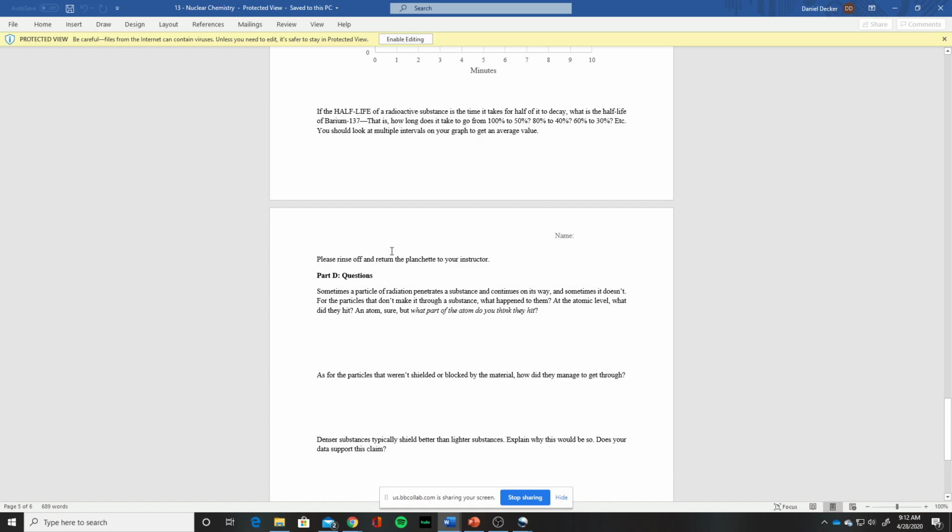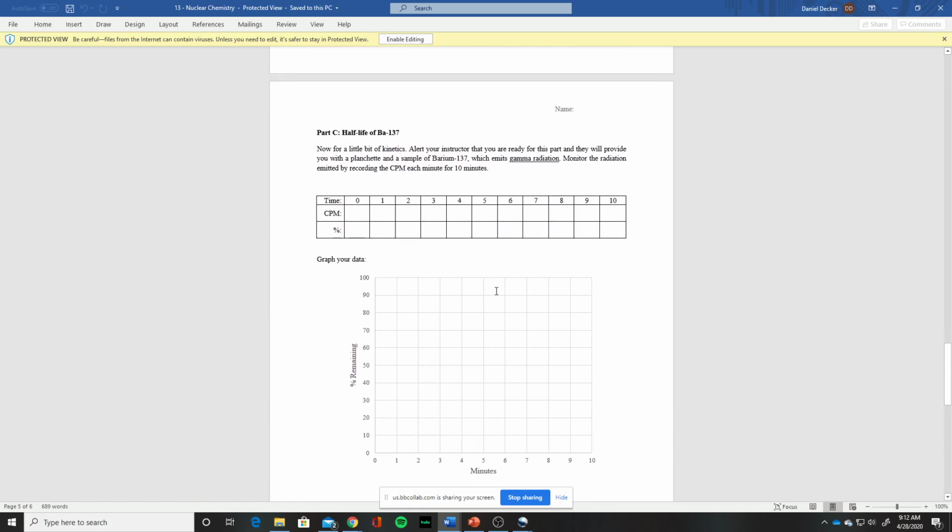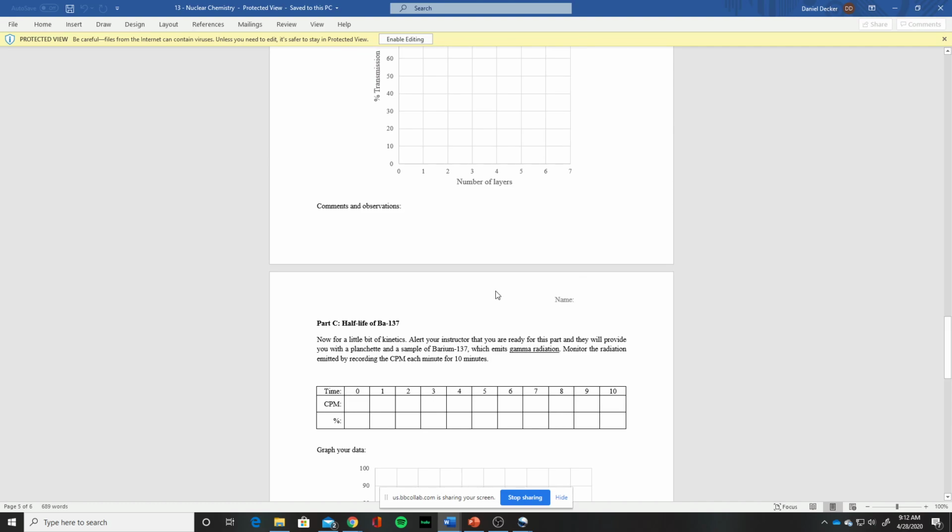If I can find it, by the way, I might put up a video that I took like a year ago of, what's it called? There's this, it's a cloud chamber.